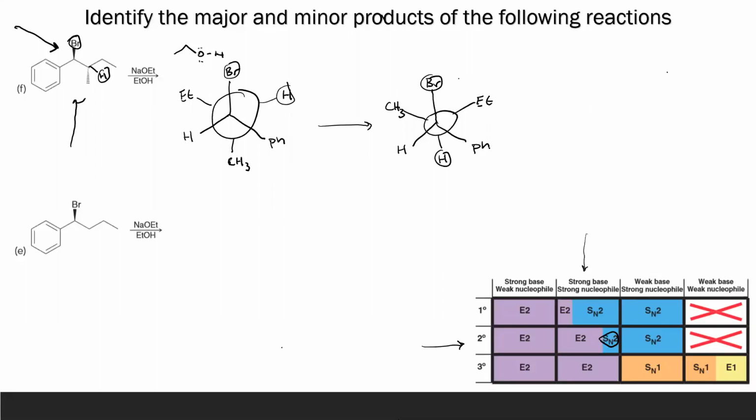Now that we have this anti-coplanar configuration, let's look at our other substituents. If you notice, we have our ethyl group and phenyl group pretty much on the same side of the molecule, essentially. So we're going to want to draw that when we draw our final product.